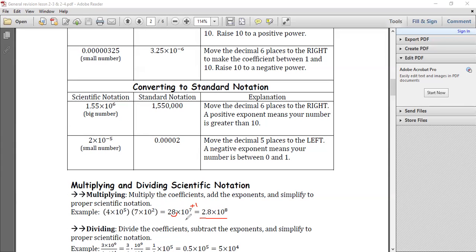Yes, because if you keep the question like this, if we imagine that you stop with this one, okay? This one is not in scientific notation. And what did the question say? Simplify to scientific notation.